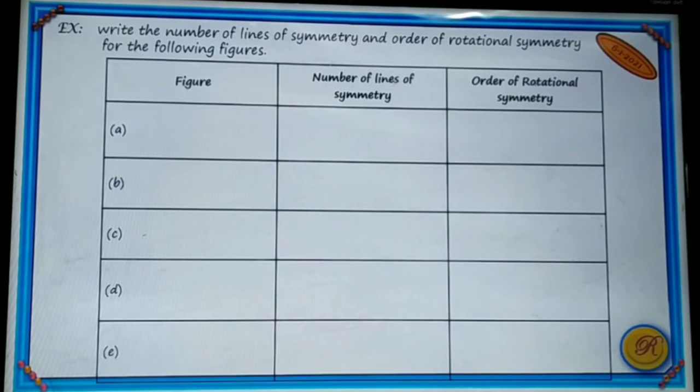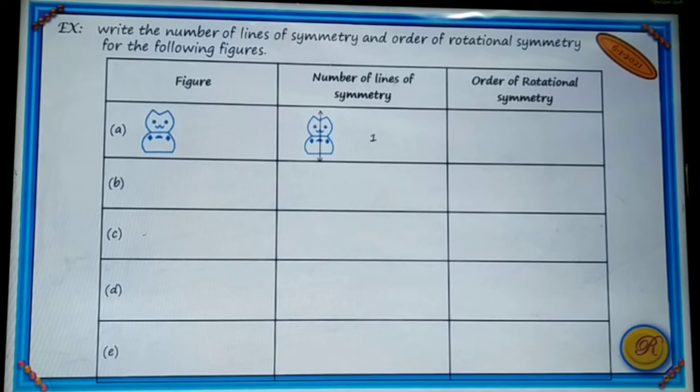Example: write the number of lines of symmetry and order of rotational symmetry for the following figures. Figure A, number of lines of symmetry 1, vertically we can draw.